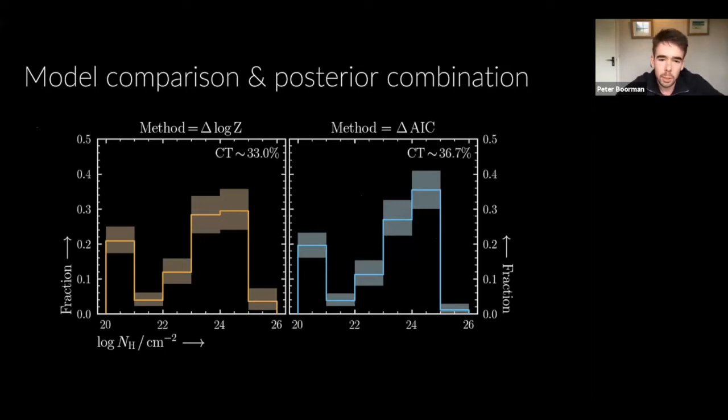But that can be quite difficult if you fit and you have individual posteriors with individual degeneracies, maybe multiple modes. To be able to combine those can be quite a difficult task. And so there are some very cool tools out there that you can use in combination with posteriors that you get from BXA to produce population distribution. And that's what we're going to be discussing in a bit more detail tomorrow.